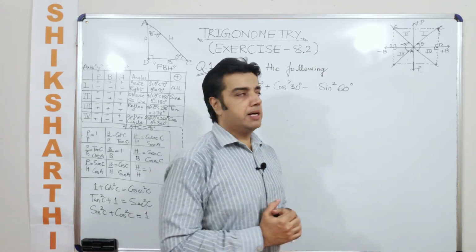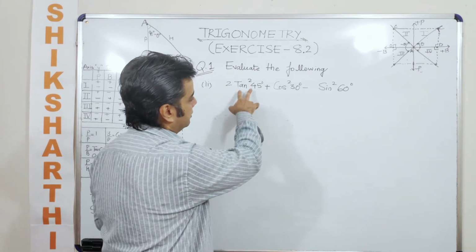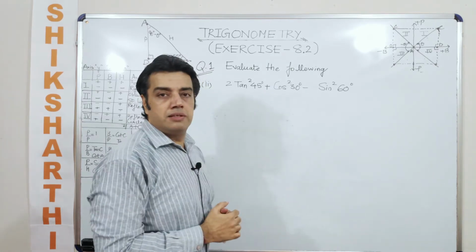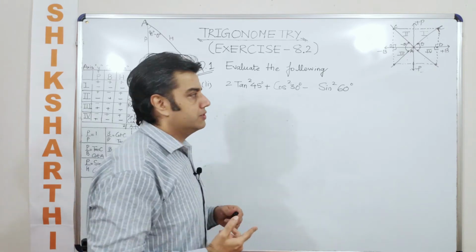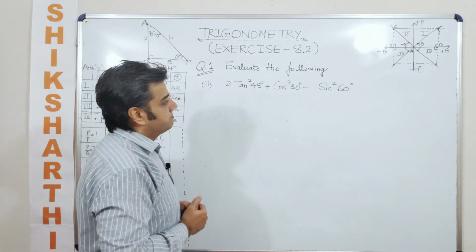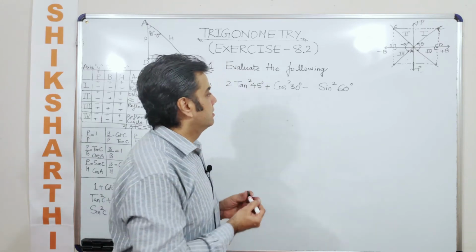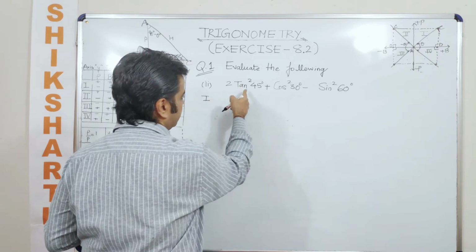The second subpart asks you to calculate the value of these trigonometric ratios along with the mathematical operators in between. So let's talk about how to solve this question. One way in any case is you can always substitute the values. So let's break it down to two ways. First way is, let me just substitute the values.